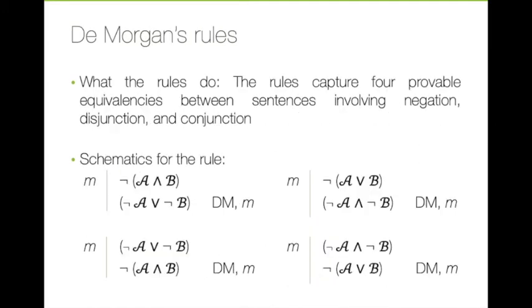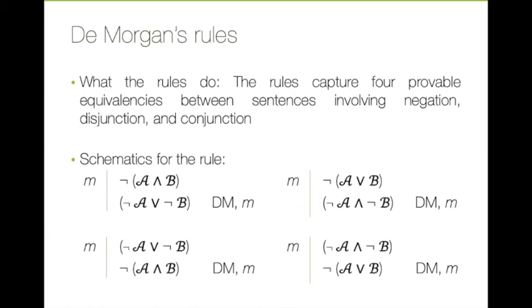The final rule we're going to look at is actually a set of 4 rules, and they capture 4 provable equivalencies between sentences involving negation, disjunction, and conjunction. We've actually already talked about De Morgan's rules before in lesson 2.3. So you might remember those sentences about Shelley not eating peas and or carrots. Those were all illustrations of these rules.